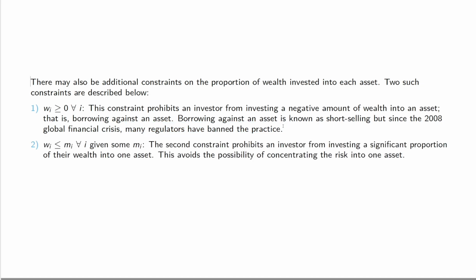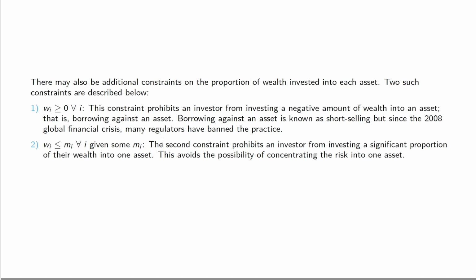Now, the other type of constraint that we're not really going to focus on too much today, but is nonetheless possible, is the idea that the portfolio weight, or the percentage of your wealth allocated to any particular asset, is restricted by a certain value.